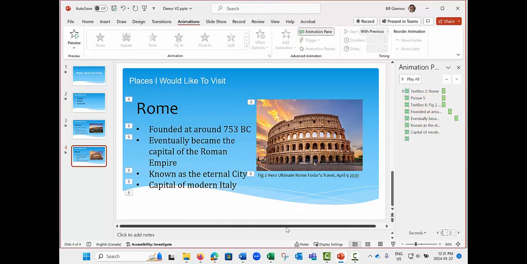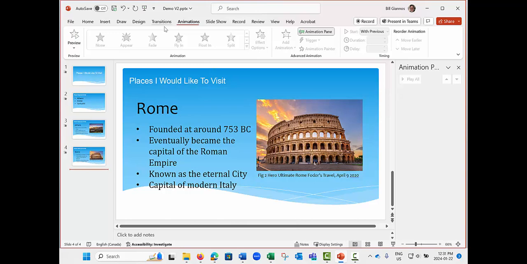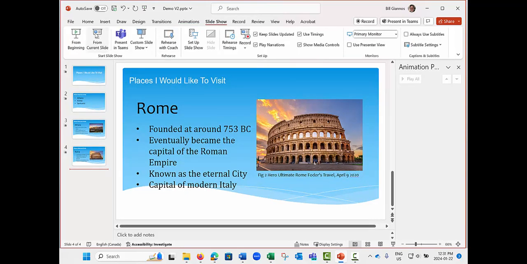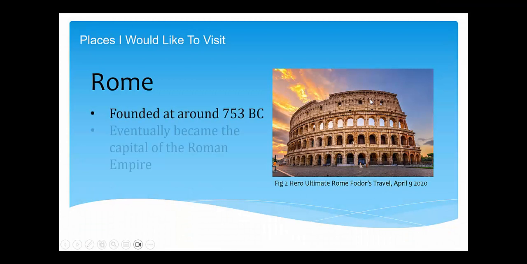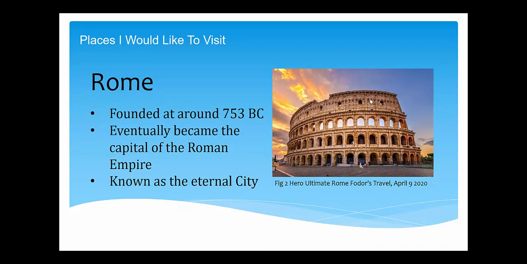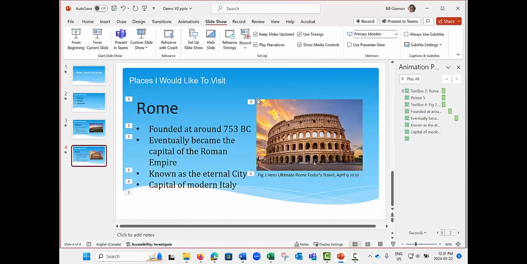Okay. Now let's try this one more time. Slideshow from current slide. Okay, that's much better. And before I go too far, I'm actually going to play the whole thing.